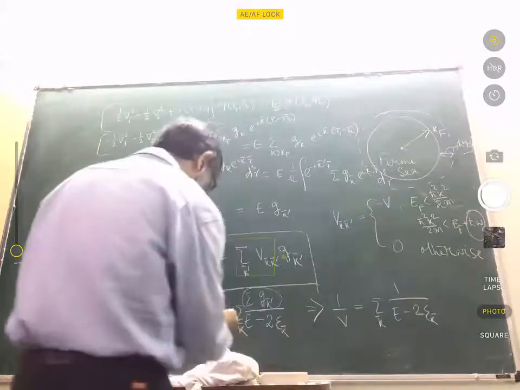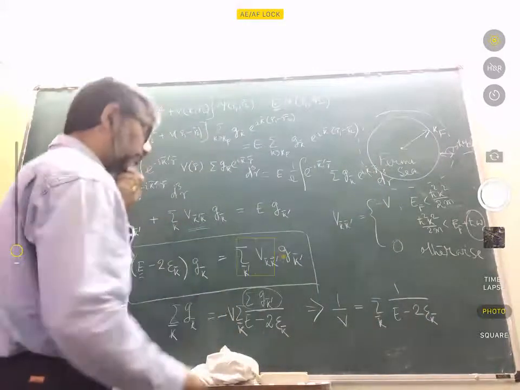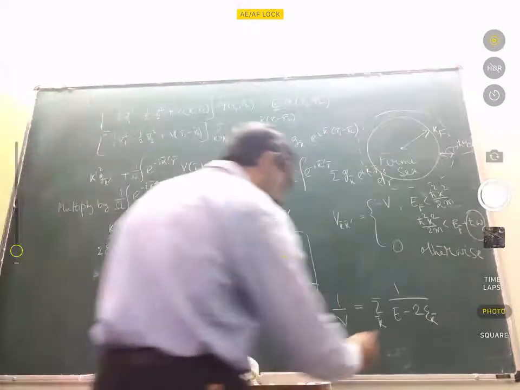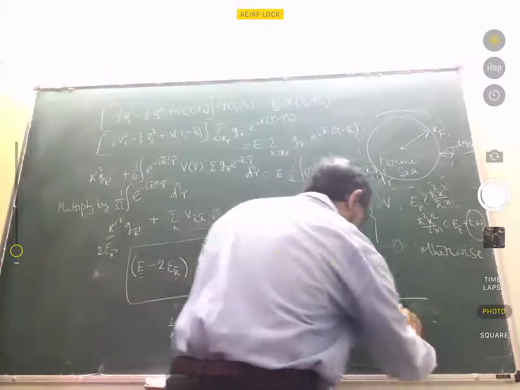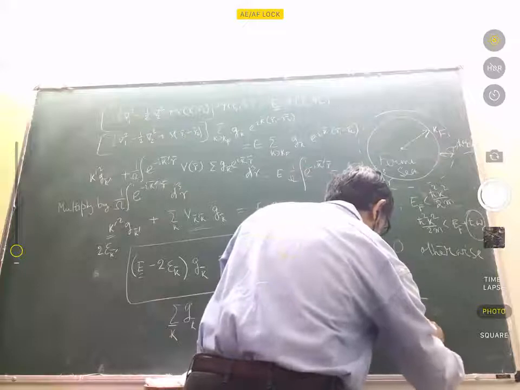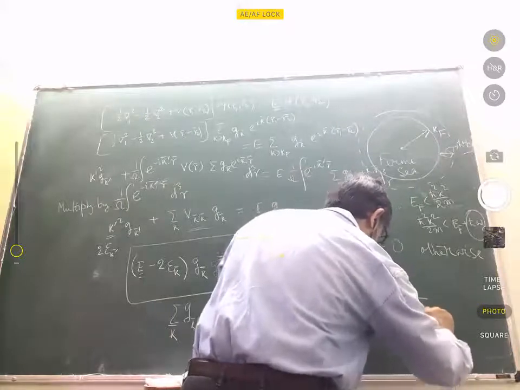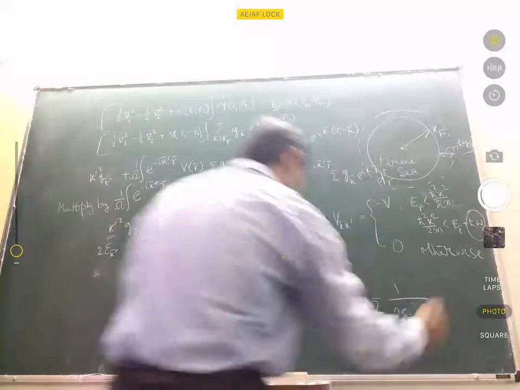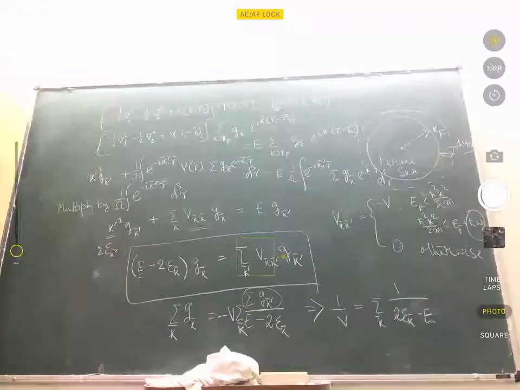Oh, sorry, I have to write a minus V here. This was minus, so this sign will change. Okay, that's the condition you get on V, or 1 over V.